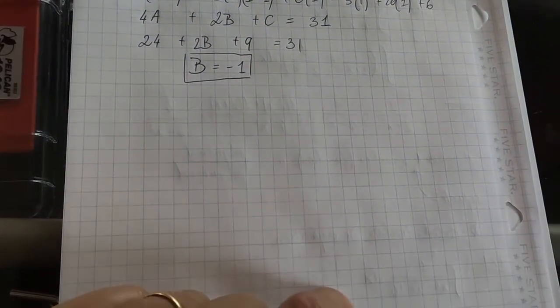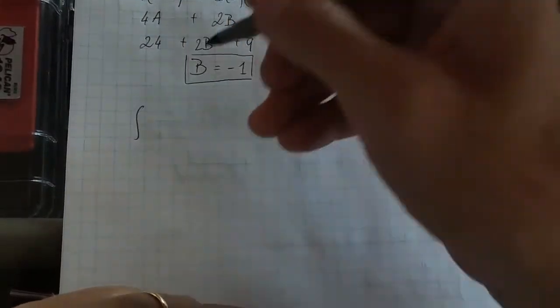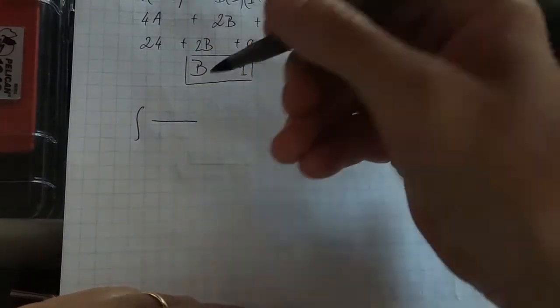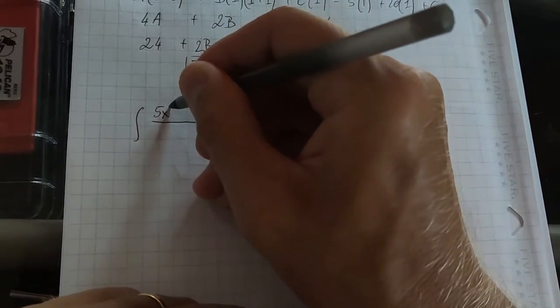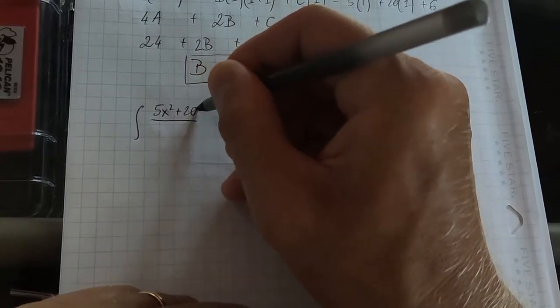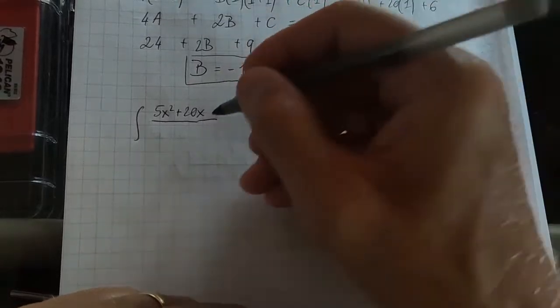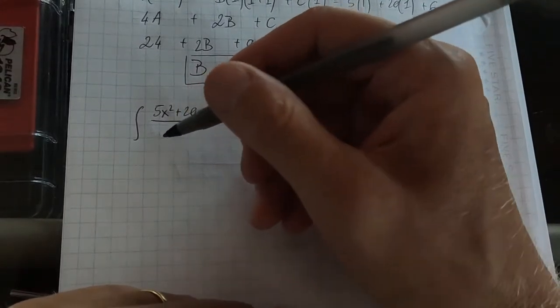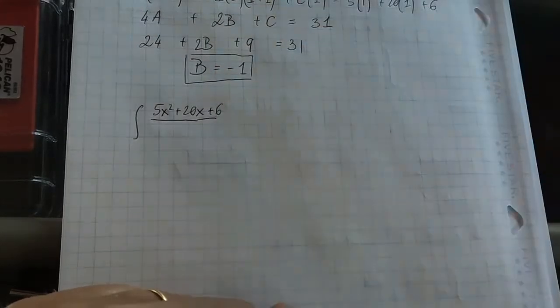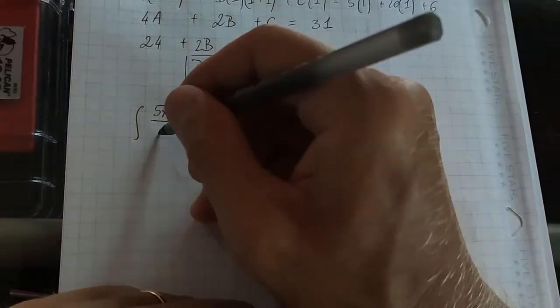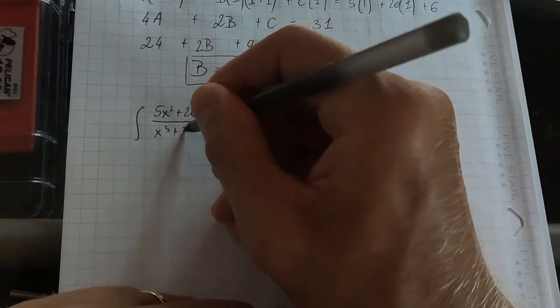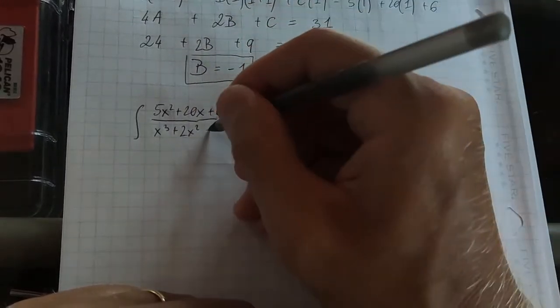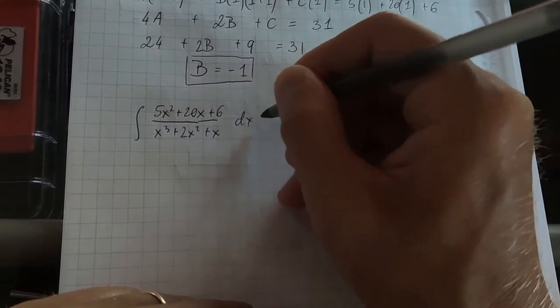Alright, so we have our numerators. So our integral that we had was 5x squared plus 20x plus 6 over x cubed plus 2x squared plus x dx.